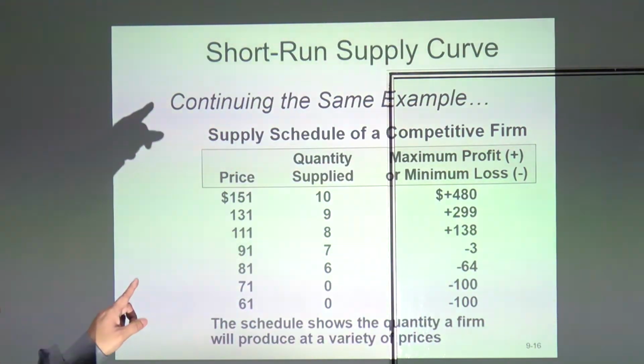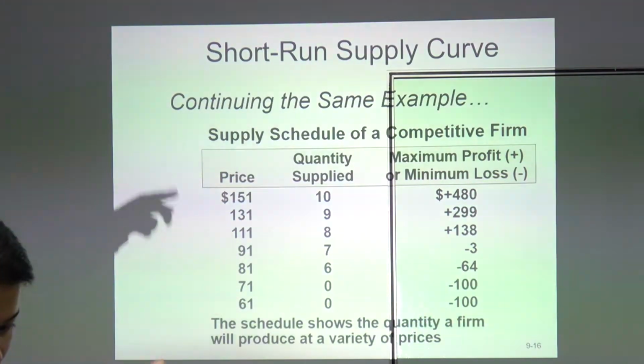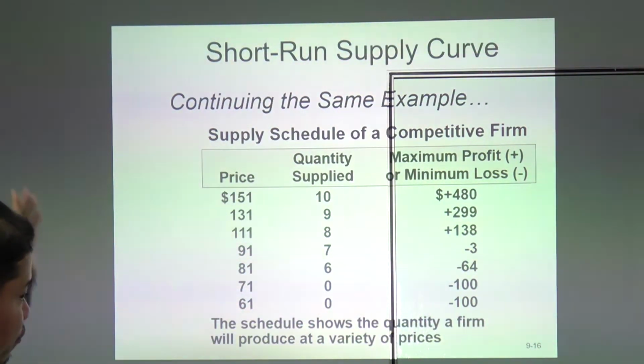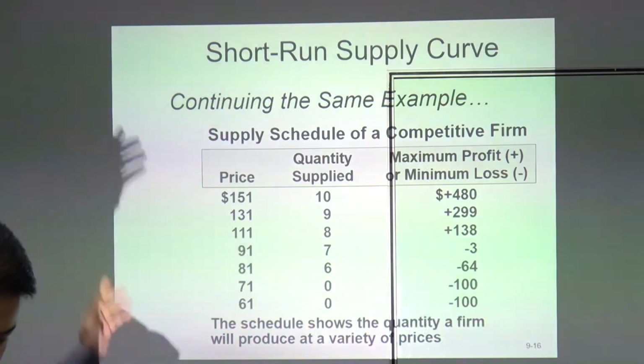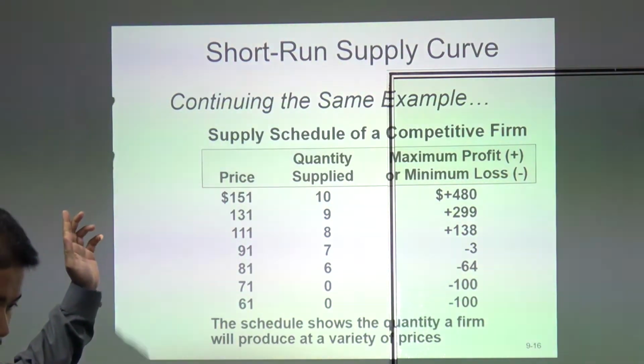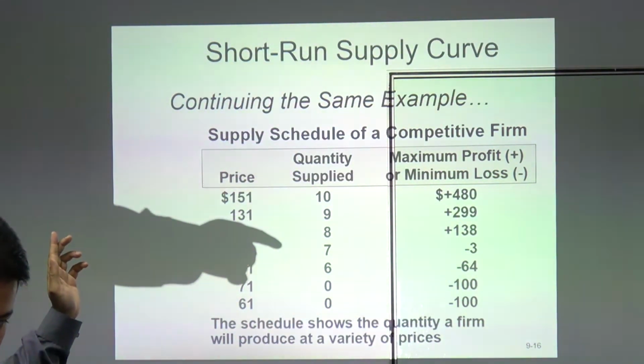So by plotting these points, you can draw the supply curve. On the y-axis you have the price, on the x-axis you have the quantity supplied.